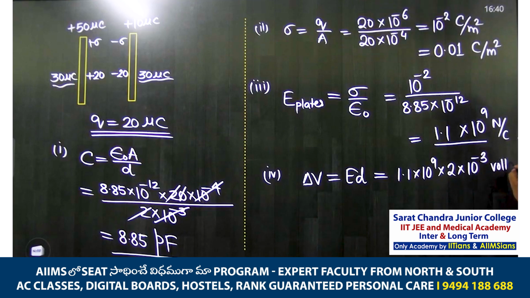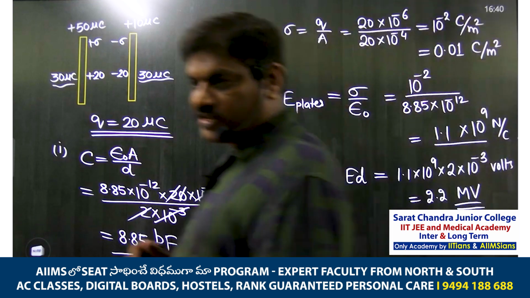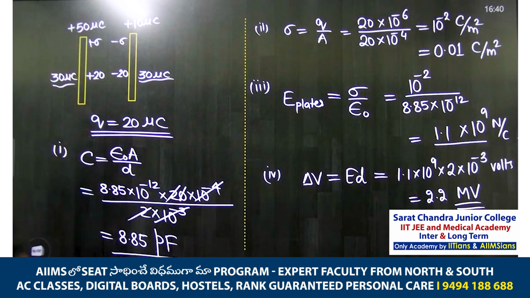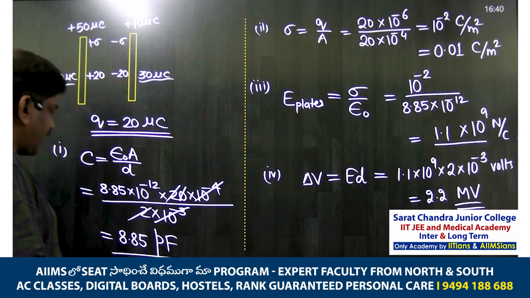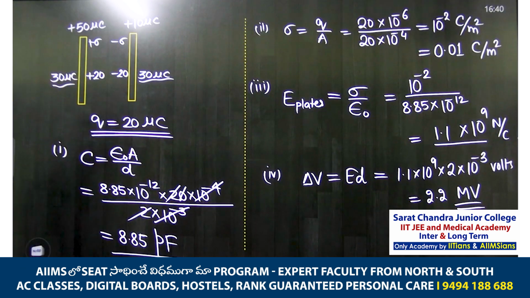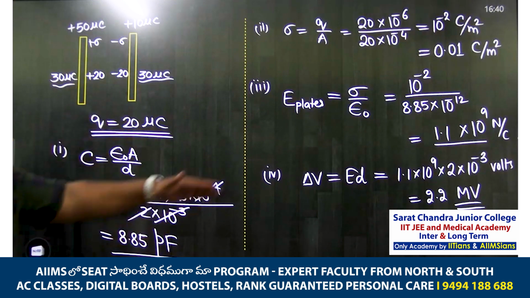This comes in volts. So it is approximately 2.2 megavolts. 10 to the power 6 is megavolts. So how strong a field and potential it is generating. Right? By Q by C also you can calculate, it will give you the same thing. Okay? Charge is 20, 20 by this will give you the same thing.